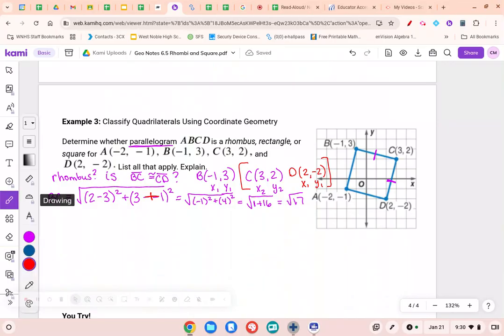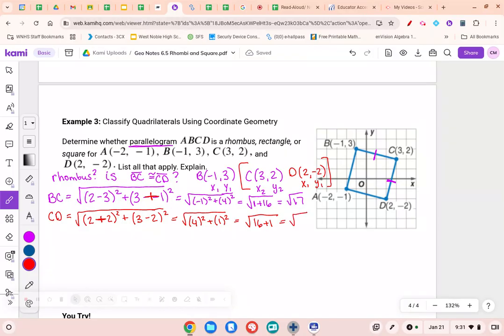We just need to use C and D, not B and D. So CD, I am going to have 2 minus a -2 squared plus 3 minus 2 squared. The minus and negative, once again, becomes positive. So I have 4 squared plus 1 squared. So that's 16 plus 1, or 17. Square root of 17, I should say.